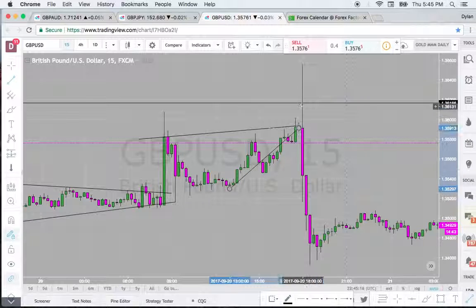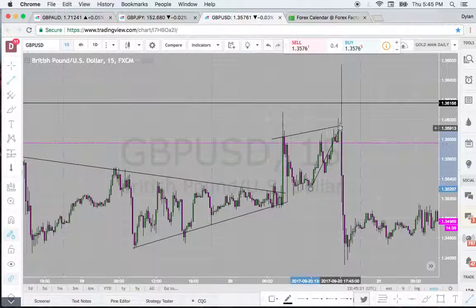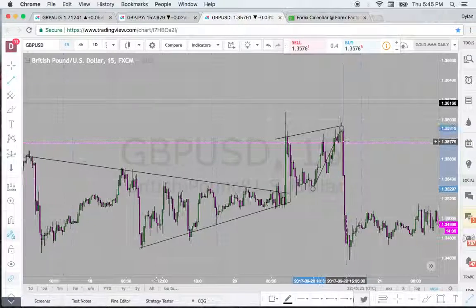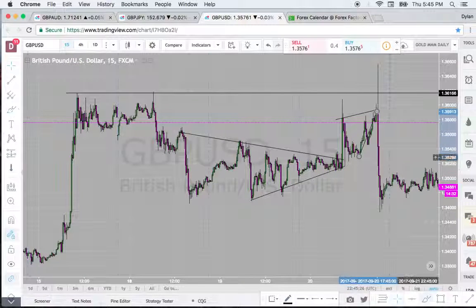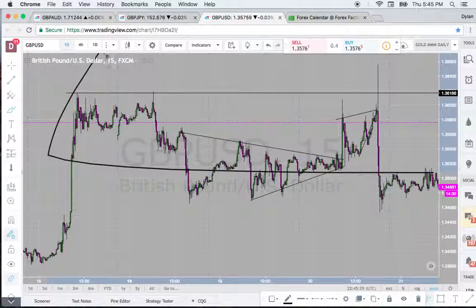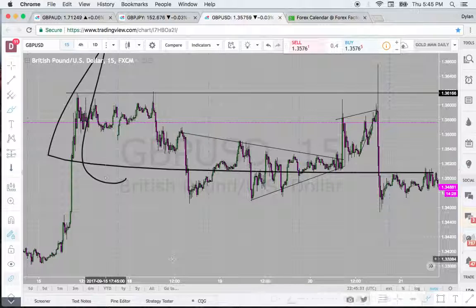And the stop hunt for the second leg, the stop hunt of the first leg of the macro M. Whoa.